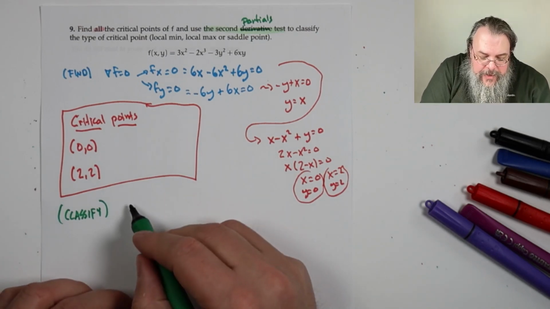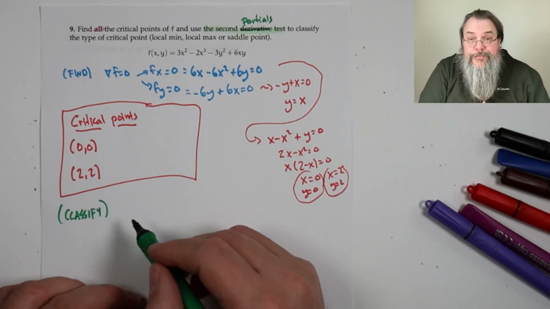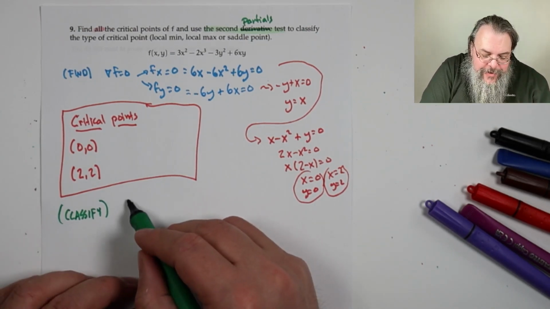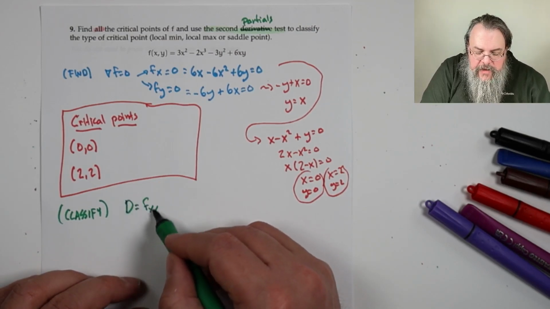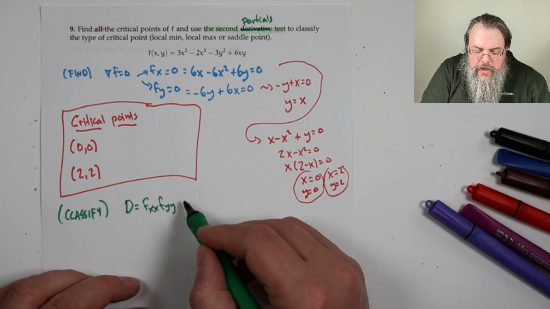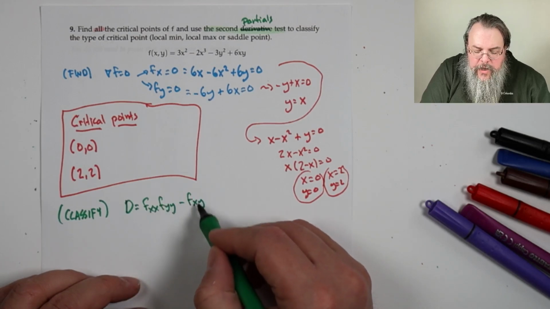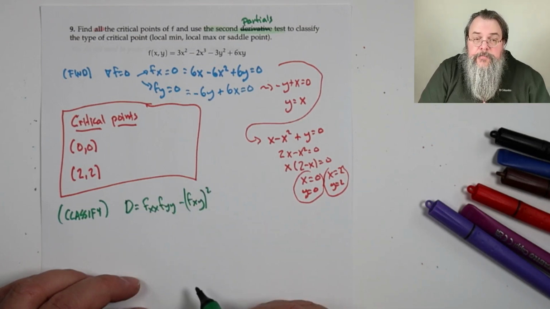So all of that can, usually, unless things get messy, be determined by looking at this quantity, which is fxx times fyy minus fxy squared.